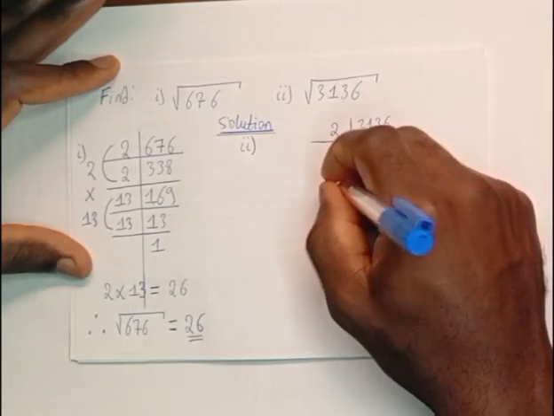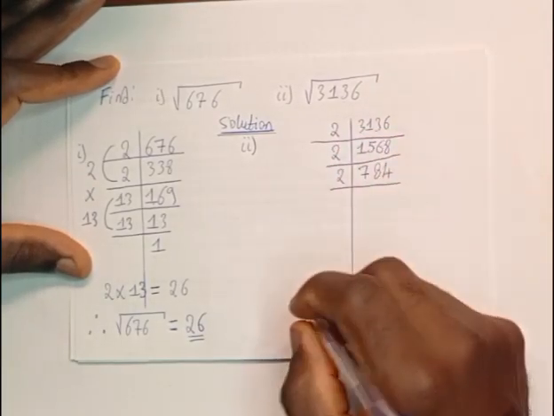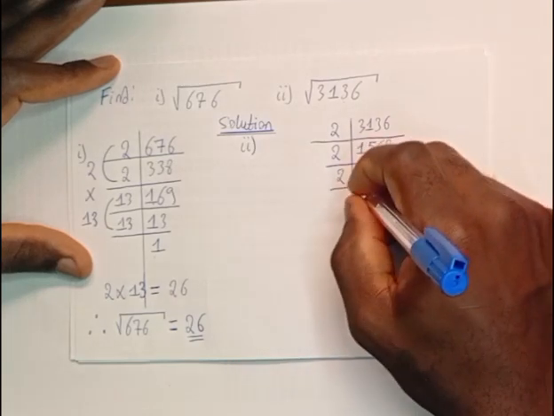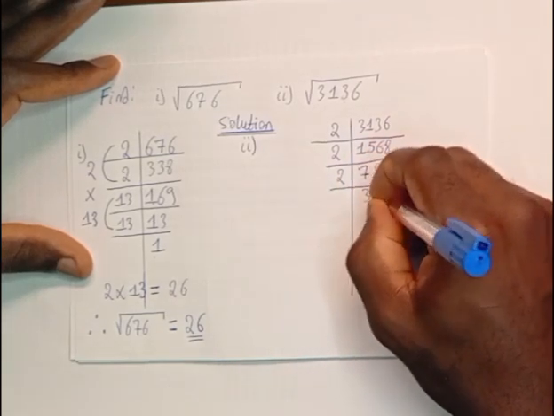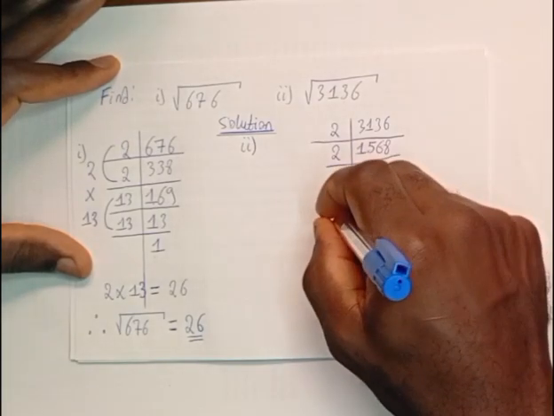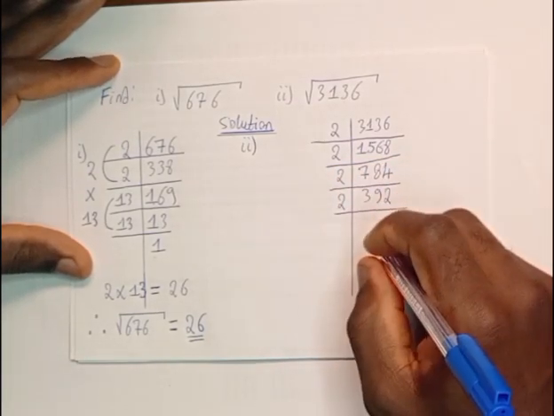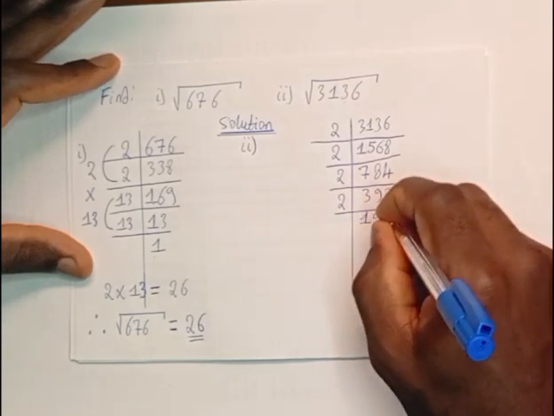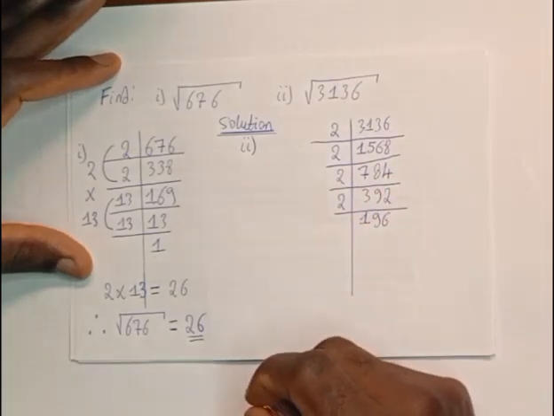We bring down 2, we divide 784 by 2, it gives us 392, which is an even number. We bring down 2 again, we divide 392 by 2, it gives us 196. 196 is an even number.